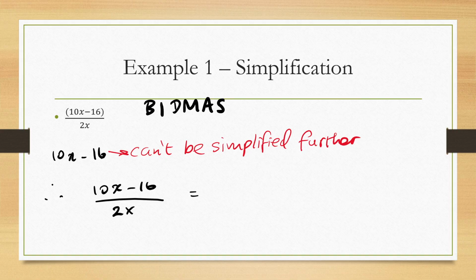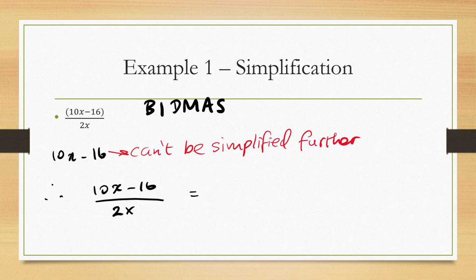And now what you can do is split this up into two fractions. Fractions we're going to cover in a later video. If you are not sure what a fraction is, or if you want more practice with fractions, make sure to check out my playlist on YouTube for the GCSE Edexcel Maths, Maths GCSE 91 course.